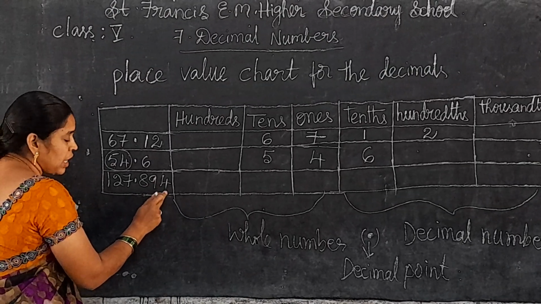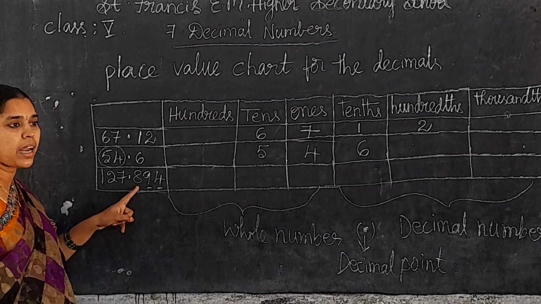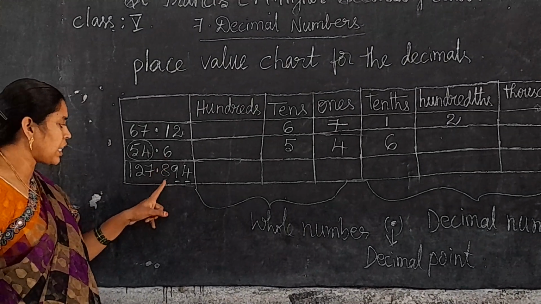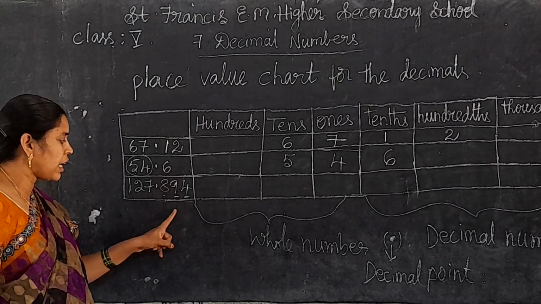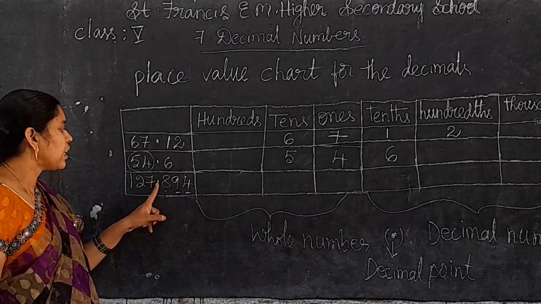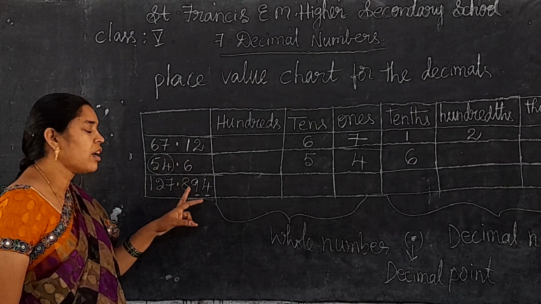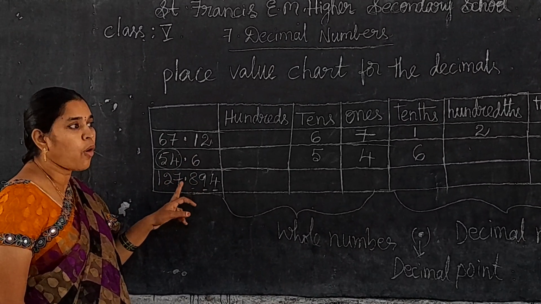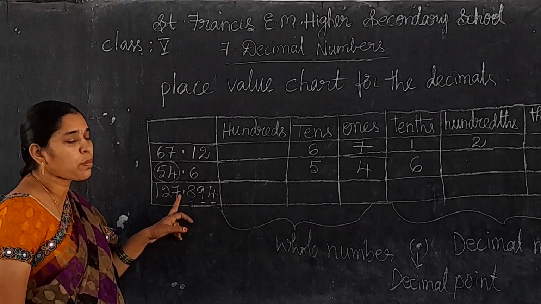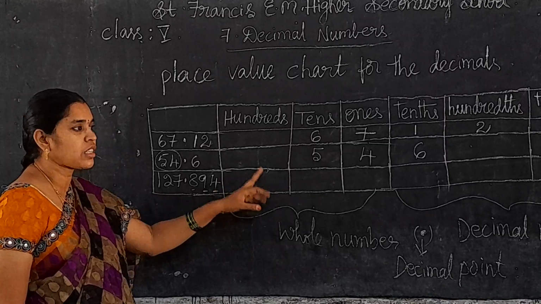Now I am going to explain the third one, 127.894. Did you observe? I am reading each digit separately. So this is the tenths place, this is the hundredths place, and this is the thousandths place. Here the ones place is not there after the point; after the point start tenths, hundredths, thousandths, and so on.